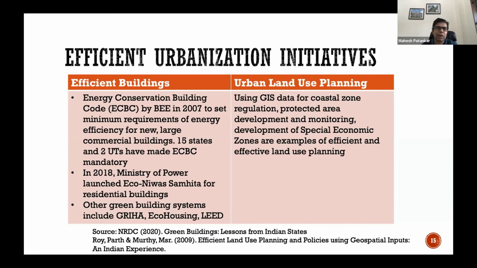And if I were to ask, what are the two technologies that I would like to see coming into the Indian households and Indian built environment, the two technologies that I would highly recommend are thermal energy storages, and the second one being heat pumps to be used for the heating and cooling applications.